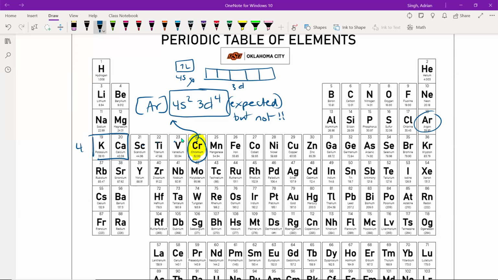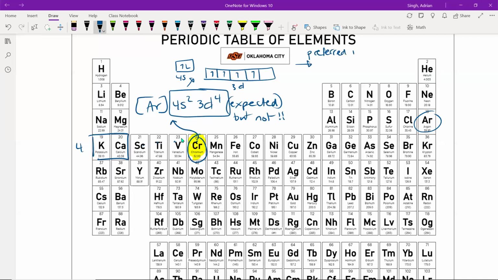So I have 4 electrons, 1, 2, 3, 4. Okay, so instead of having a filled 4s sublevel and a 3d sublevel that looks like this, what is preferred in terms of stability is the following.